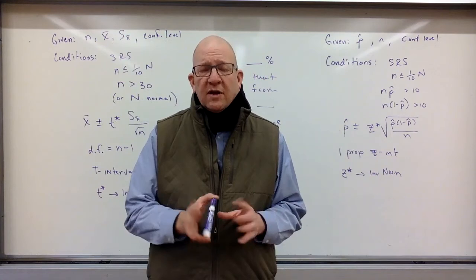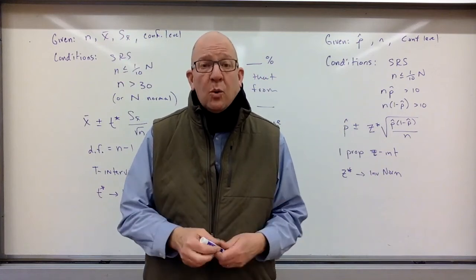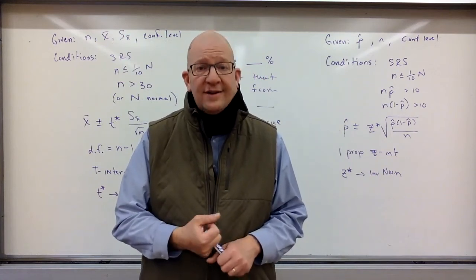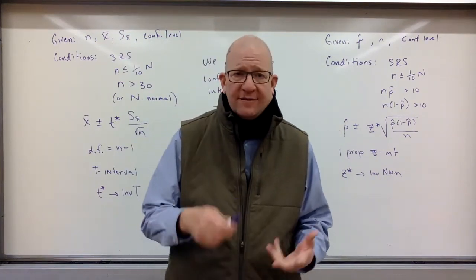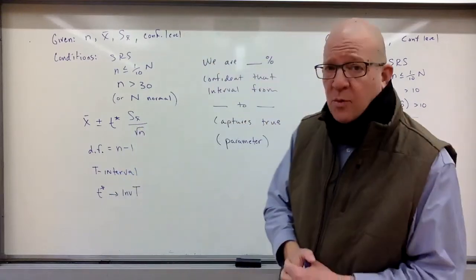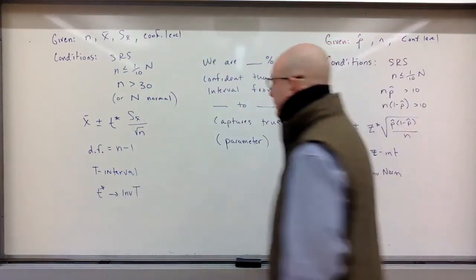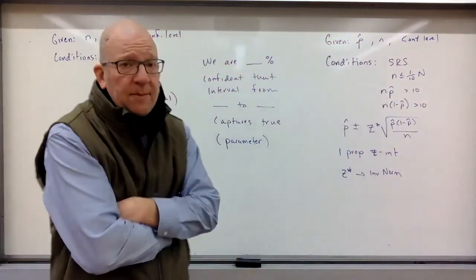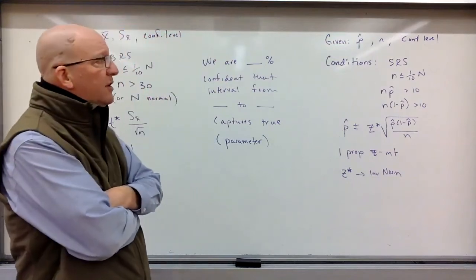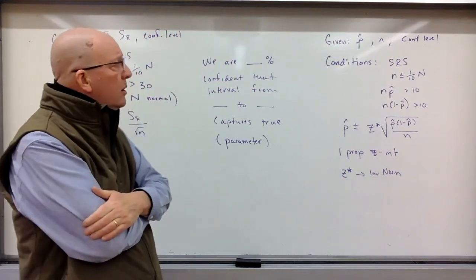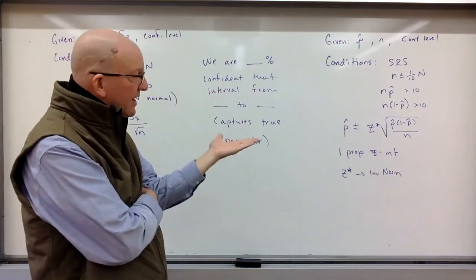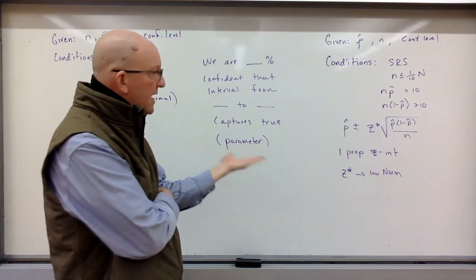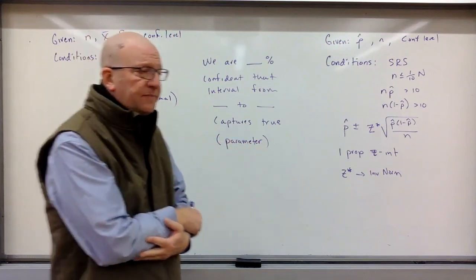So I'm going to review this for a second, and then in the next video, we're actually going to work through an example. All right, let's go over this one more time. For a proportion, we're given a p hat, an n, and a confidence level. We check our conditions, set up our formula, run the tests, draw the conclusion.